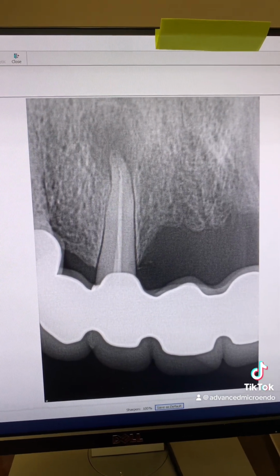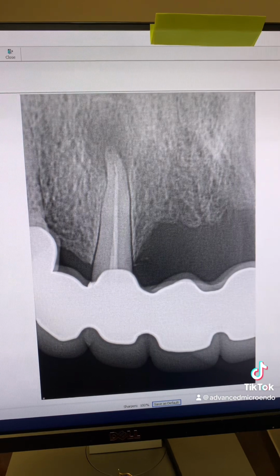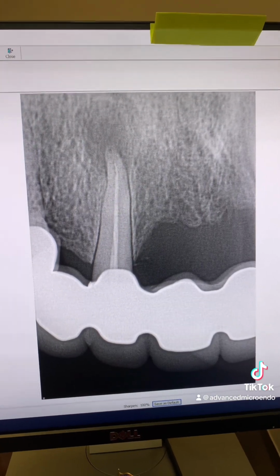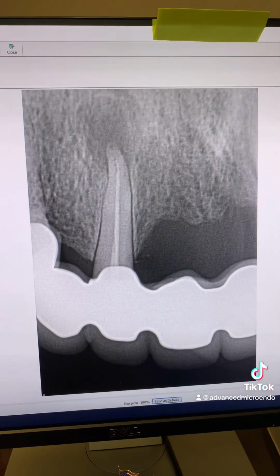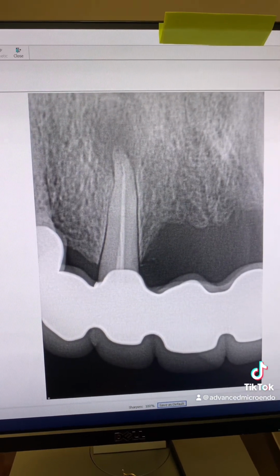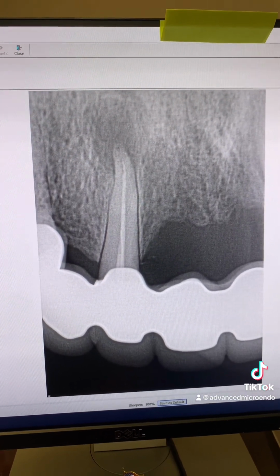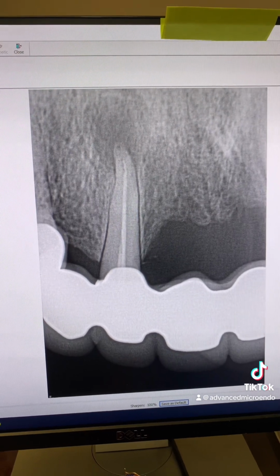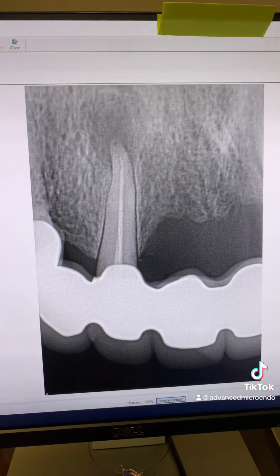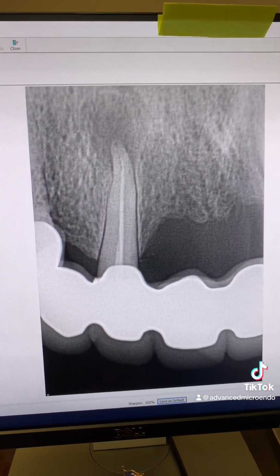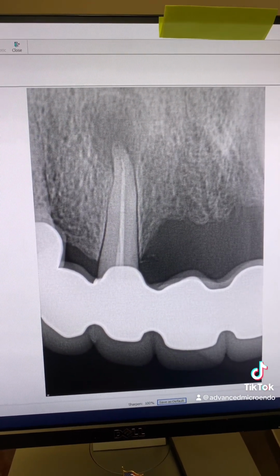The patient came back and I was thinking, well, the bridge is off. No, the patient said that his dentist, who had cemented the bridge with temporary cement, couldn't remove the bridge. The dentist couldn't remove the bridge, and said, that's fine, the endodontist would just have to go through it.